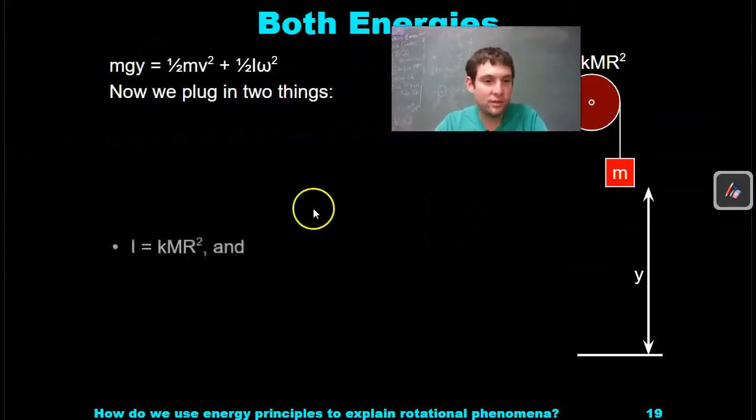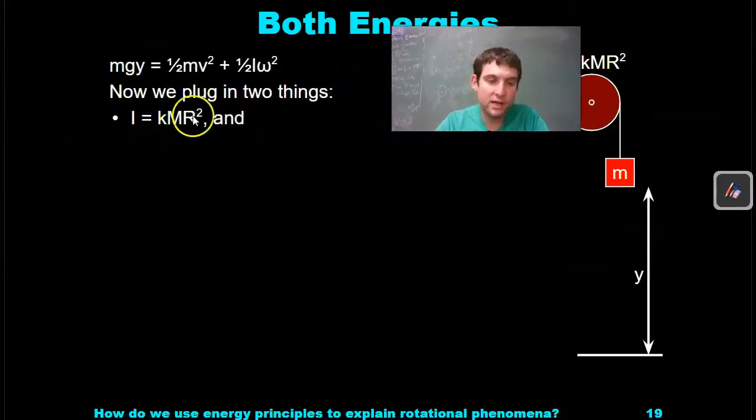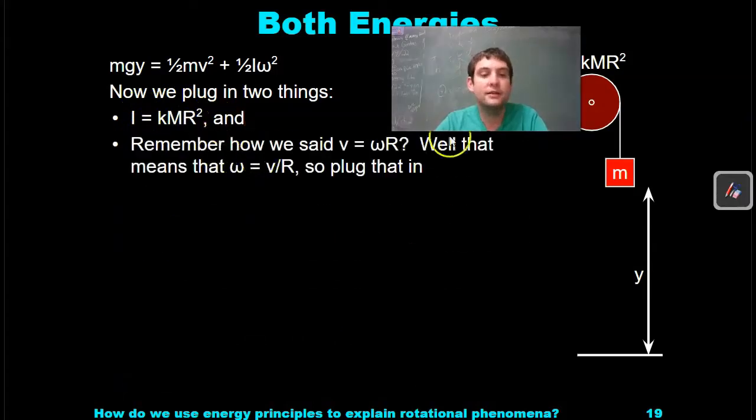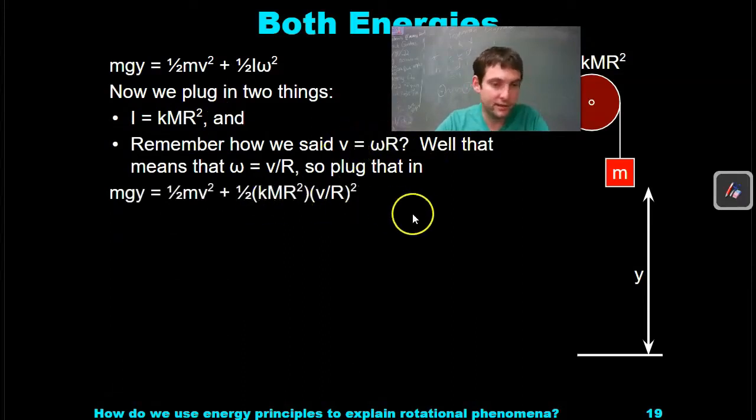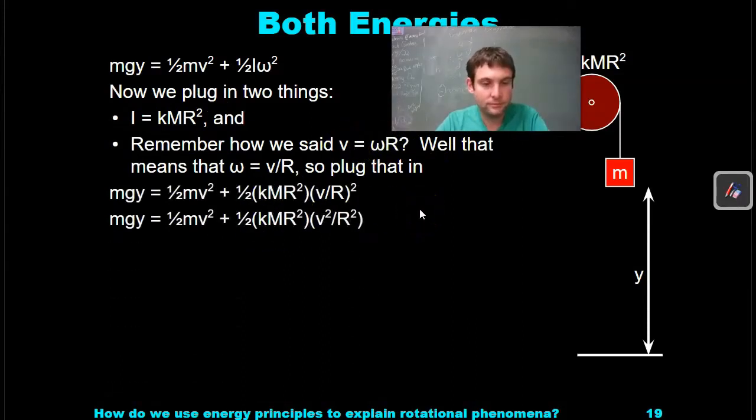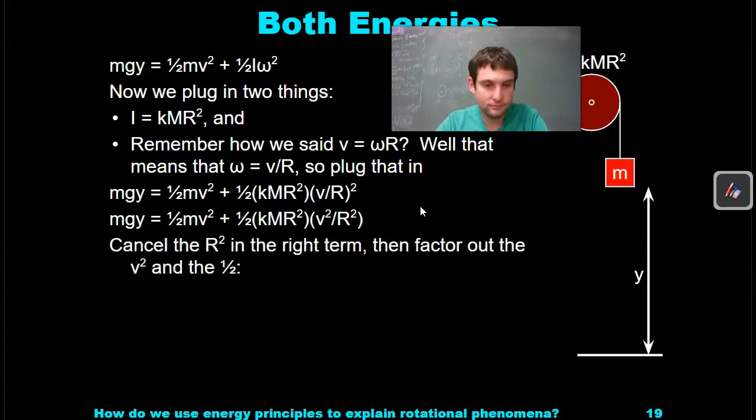Now we can plug in 2 things. We can use I equals 1/2 mr squared, or I equals whatever the fraction is here, times mr squared. And remember how we said omega equals v over r? Plugging that in, squares are distributed to each term within the parentheses, the numerator and denominator.